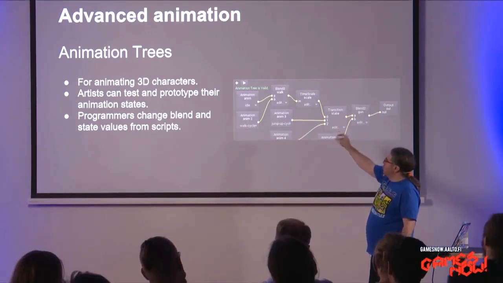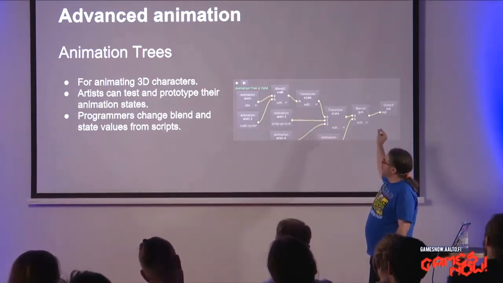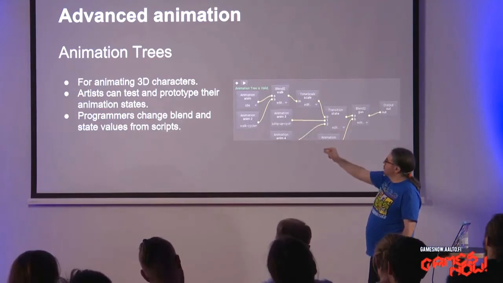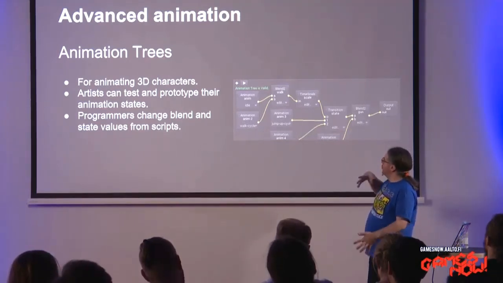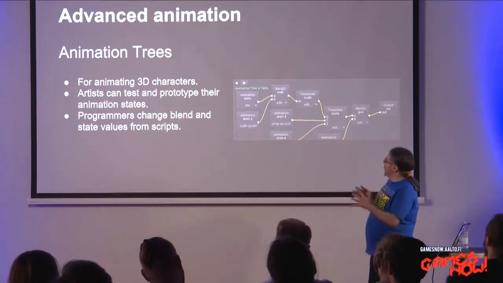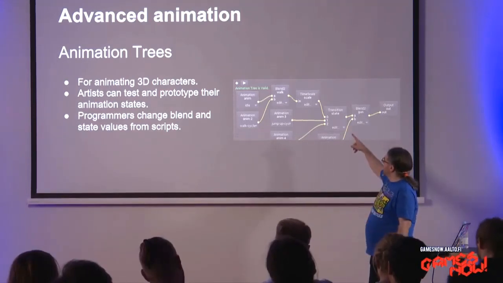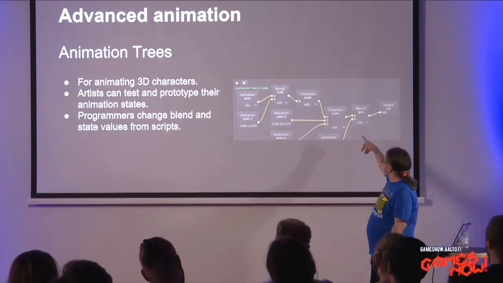And so the script will change the blend value between them. When you start walking, it goes to walk, and then when you stop, it goes to idle. And that's how you get a smooth blending between the two. And then you have things like the gun is over there, and all of that.